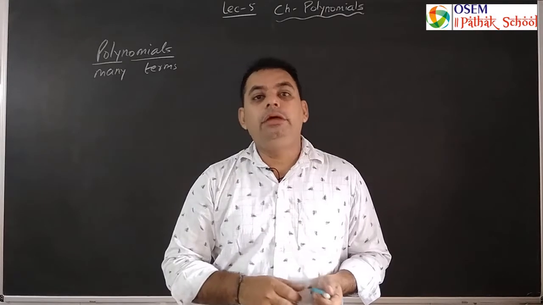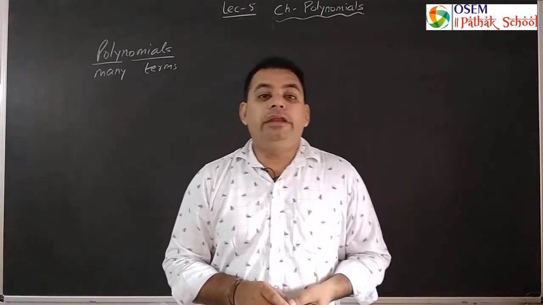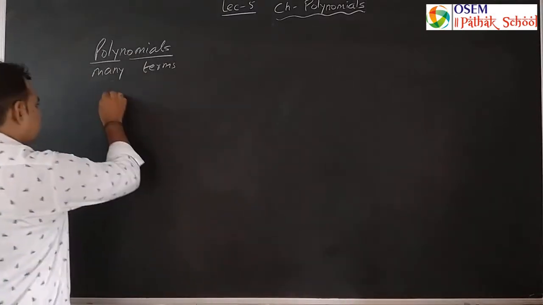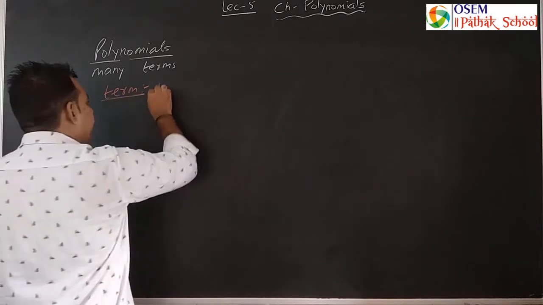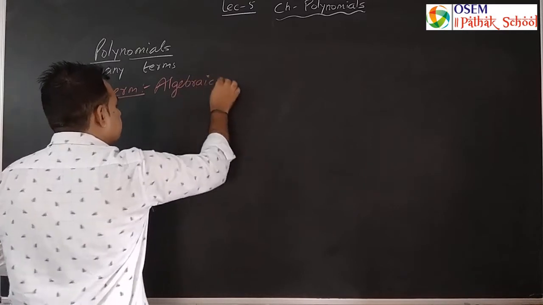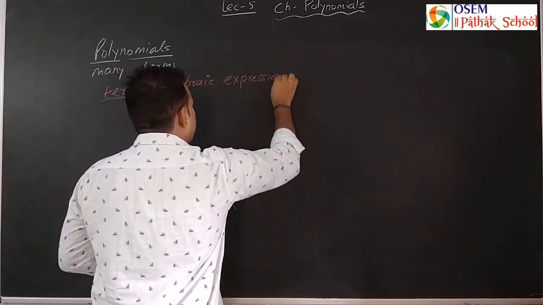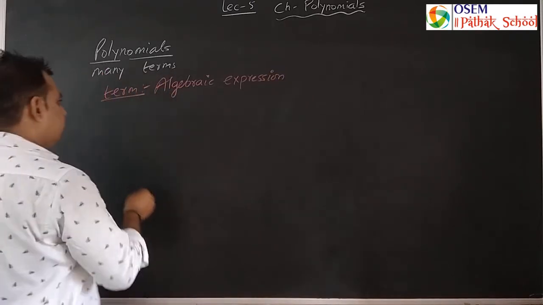What is a term? A term is an algebraic expression that combines coefficients and variables. A term is an algebraic expression that consists of a coefficient and a variable.